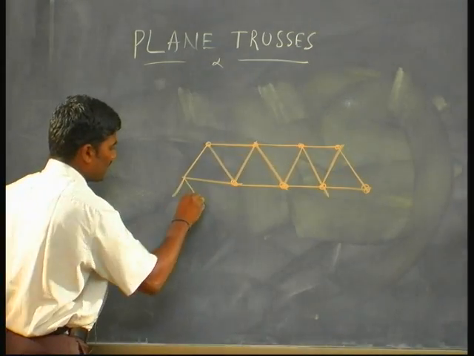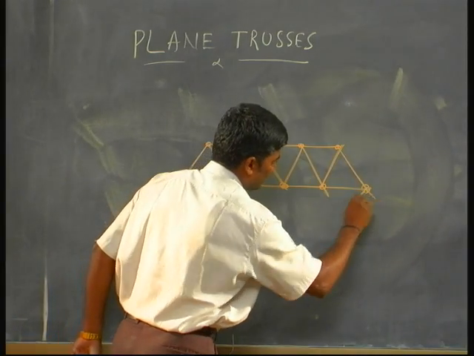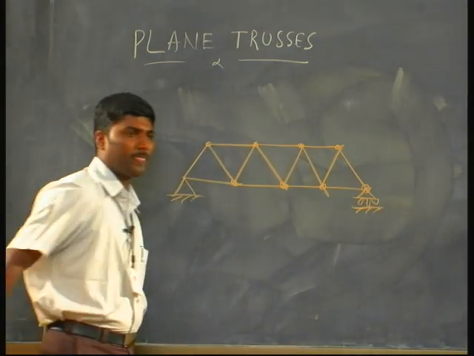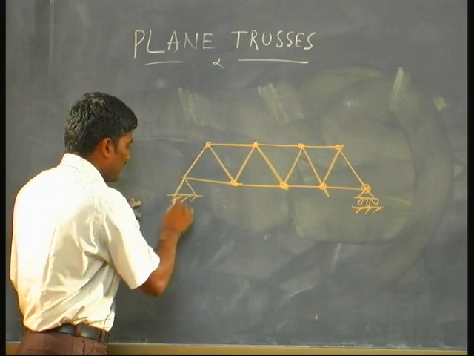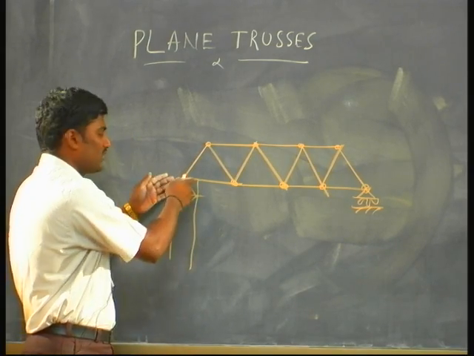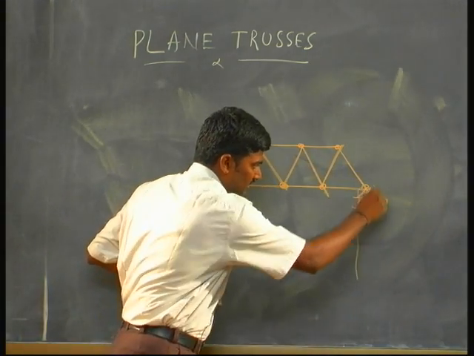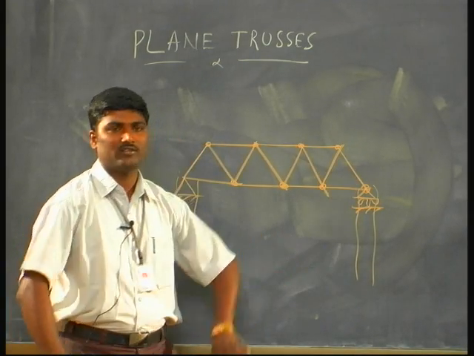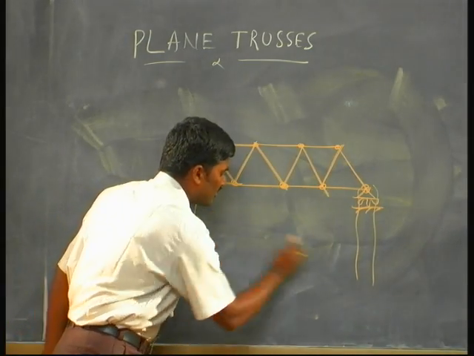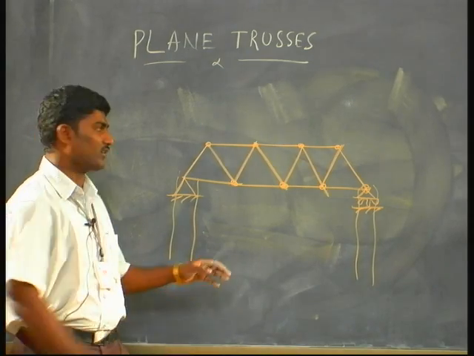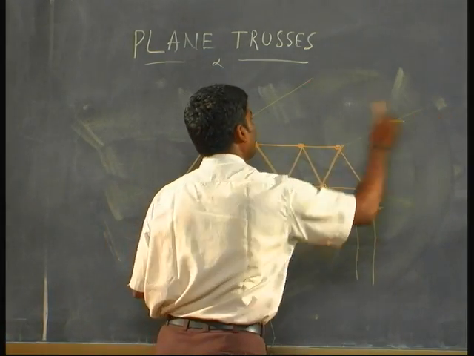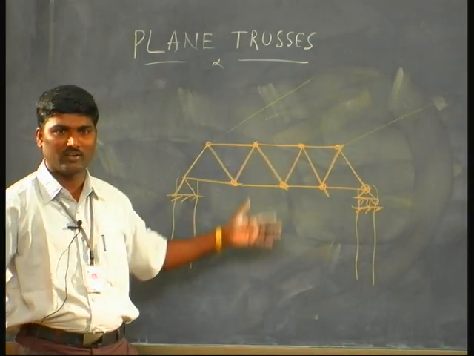So let us say this is the truss I have. Let us say this is the column here, I generalized it to a support. So this space I want to use for my performance. You will have a 3-dimensional figure, but I am going for only a cross section.